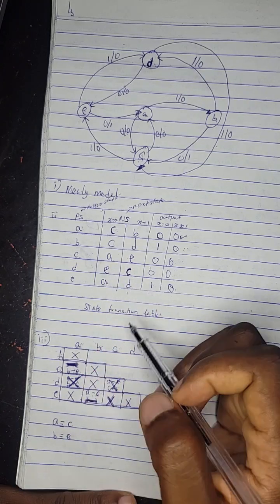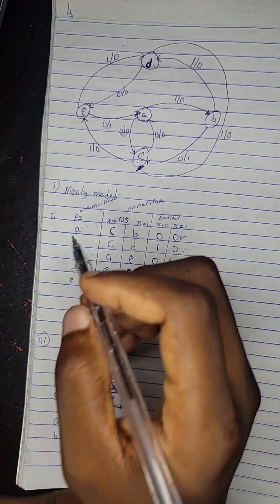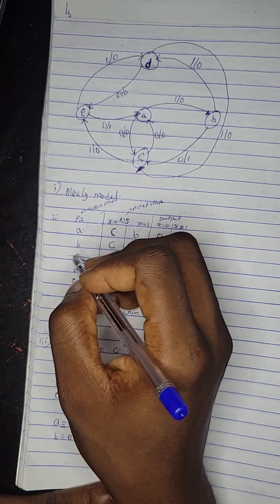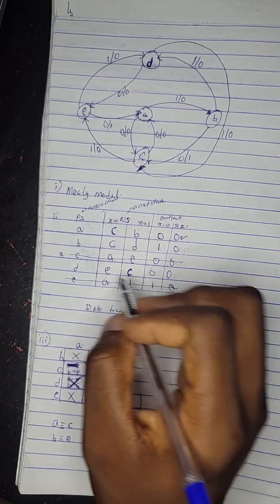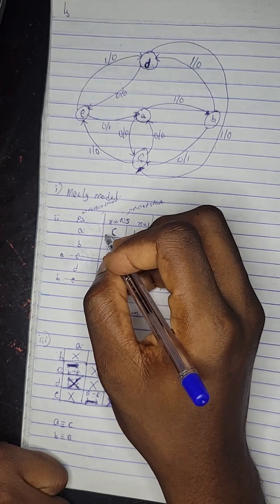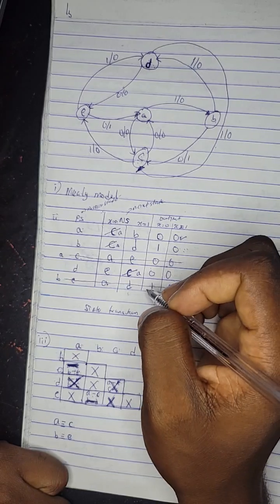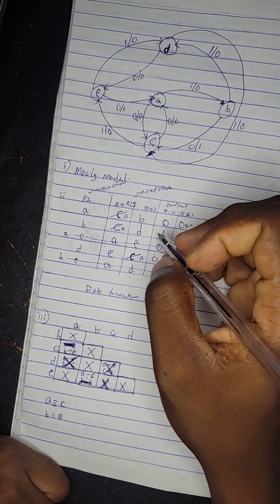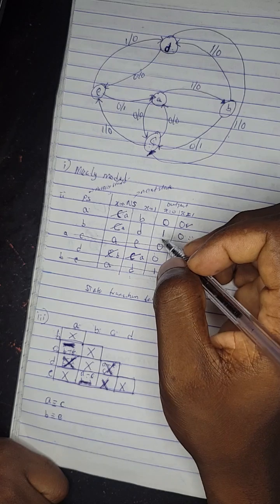What we are going to do now is that anywhere we see C, we replace it with A. So this particular table here, this is C, we replace it with A. And anywhere we see E, we replace it with B. So here we are going to replace it with B. And we have a C here, we replace it with A. We have a C here, we replace it with A. And anywhere we see E also, we are going to replace it with B. So this is B, and that's all.